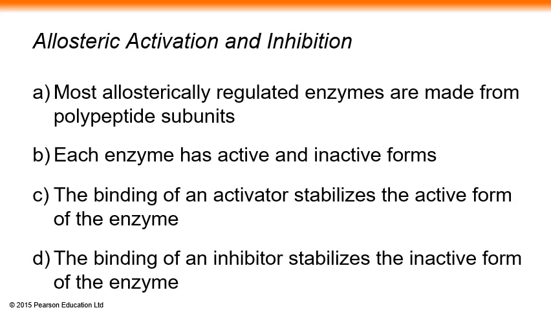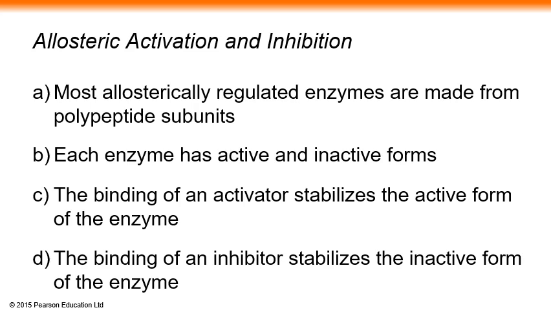Most allosterically regulated enzymes are made from polypeptide subunits. So those enzymes are composed of many subunits. Each enzyme has an active form and an inactive form.